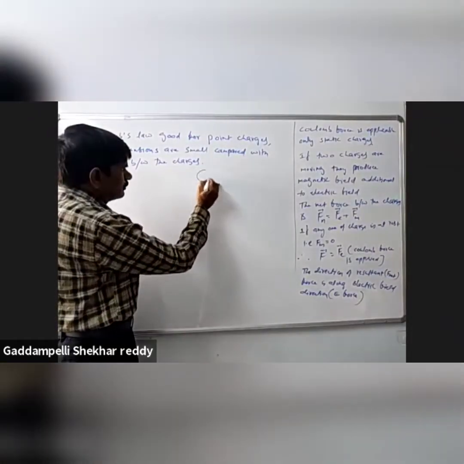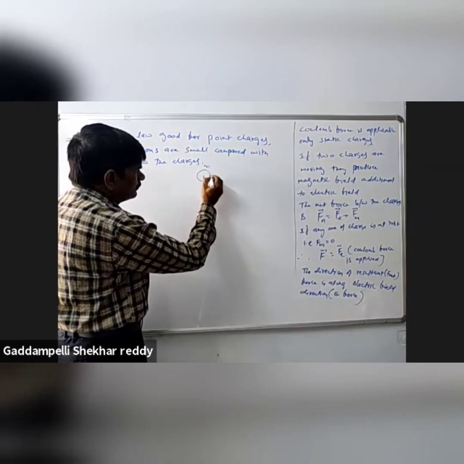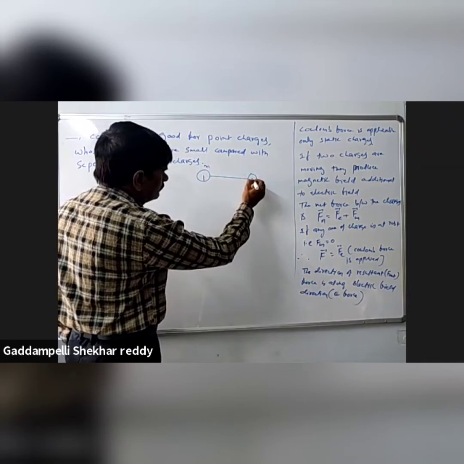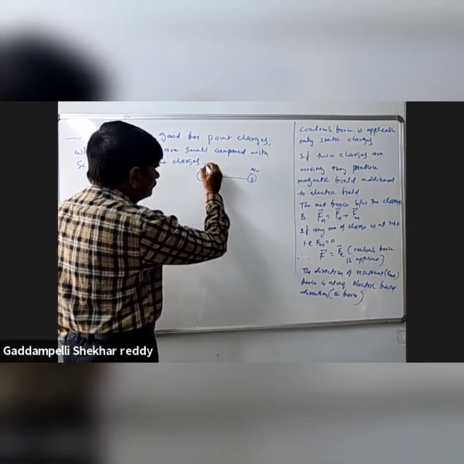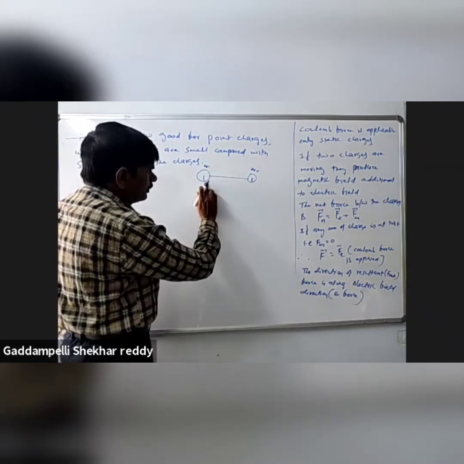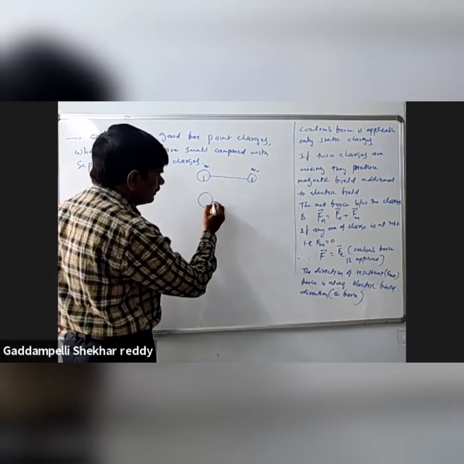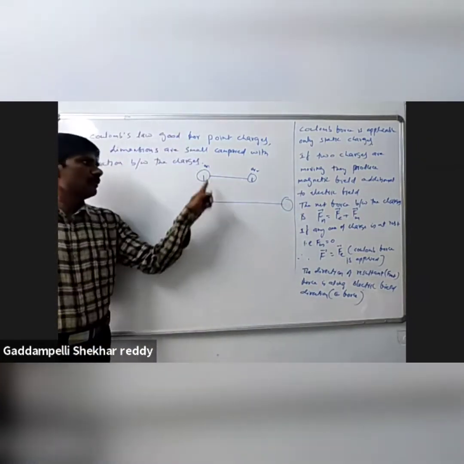Suppose like this are Q2. Here, if you are concerned with point charges at a certain distance, suppose the dimensions increase, the distance also increases.